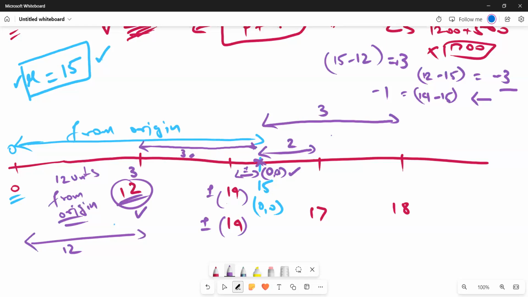In the similar way, 17 is present at 2 units of distance, so this becomes 2, right? And 18 becomes 3, right? So this is the complete concept of shifting of origin to the mean of the data. Basically, you can shift your origin to any point in the complete coordinate system.